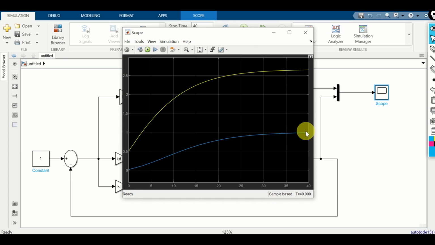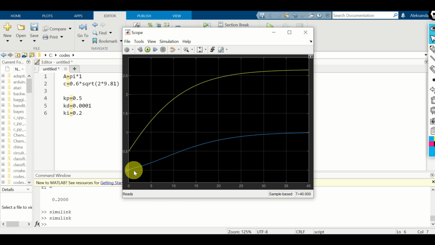And 1 is our desired water level. And we can see over here this yellow line representing the input flow rate increases steadily. Perfect.